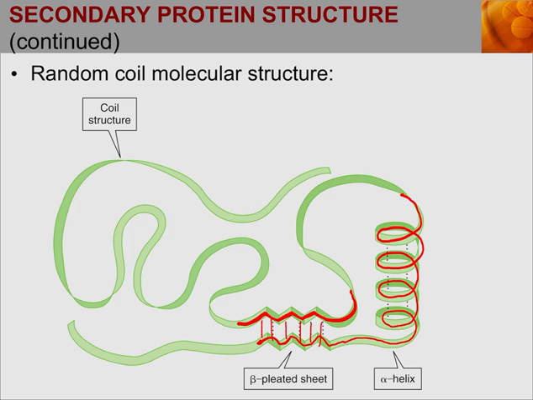So it really just depends on the order of amino acids, and then if they line up in the right way, or if you get those hydrogen bonds lining up just right. So again, if you have a beta pleated sheet or an alpha helix, this is part of the secondary protein structure.